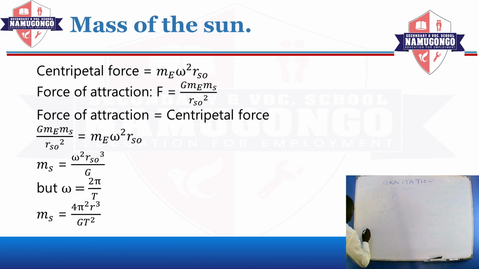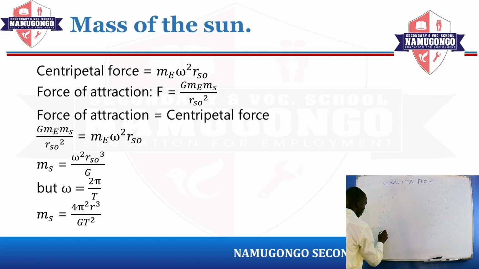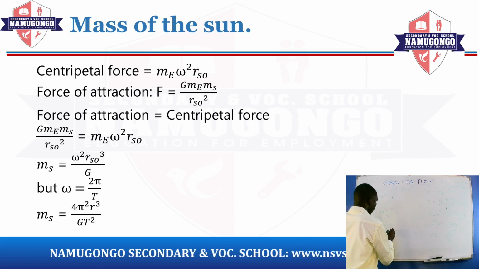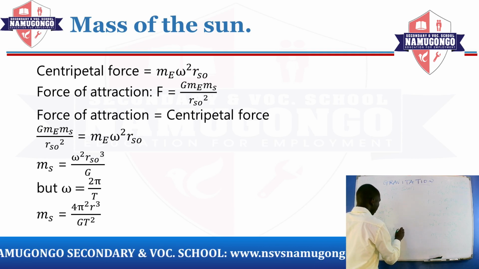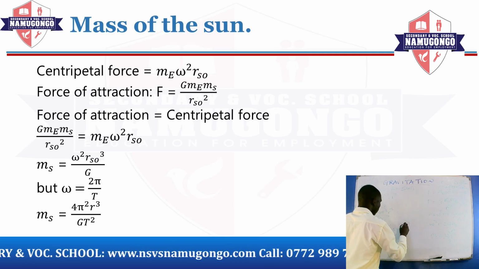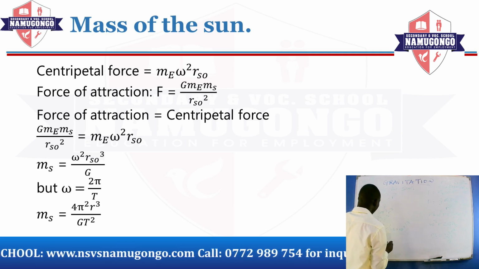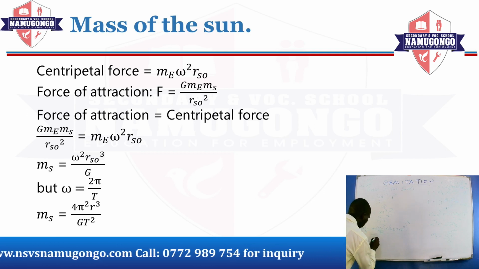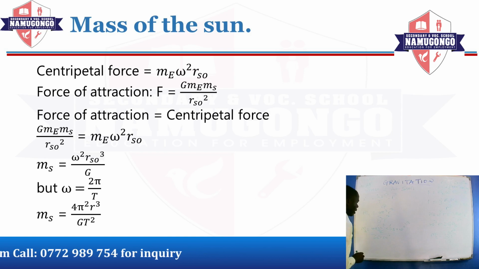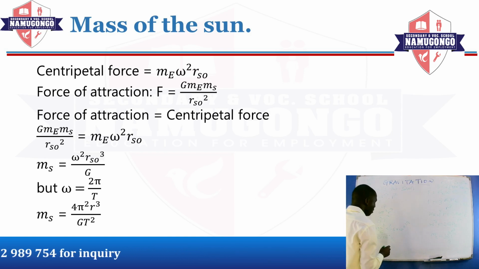M_S will be equal to 4 times pi, which is 22 over 7, we square it, times R, which in this case is 1.5 times 10 power 11 meters, this one is cubed, divided by G, which is 6.67 times 10 power negative 11, times now the time.